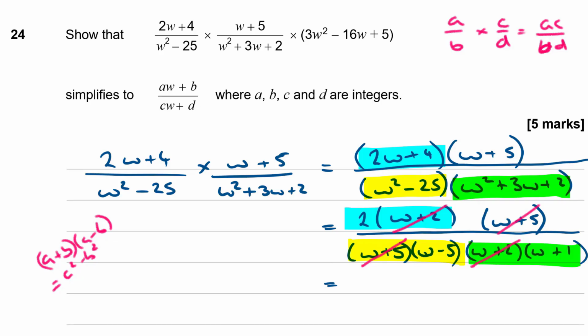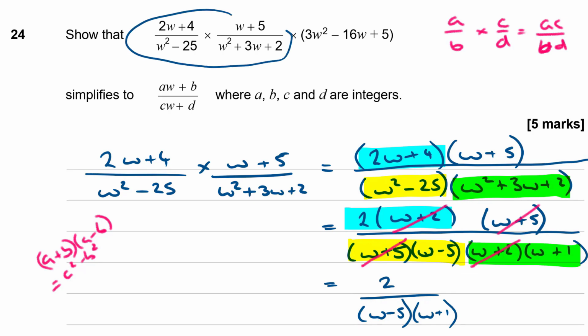That leaves me with 2 over w minus 5, w plus 1. Okay? So what we've done so far is multiply these two things together. Now we still need to multiply that expression with this other bit on the end here. That's the bit we're going to do next.